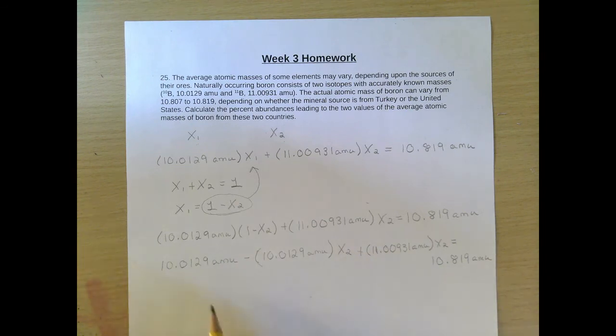So when I simplify this, I'm going to take this one here first, the positive 11.00931 AMU minus the 10.0129 AMU times x2, and that is going to equal 10.819 AMU minus that value right there, 10.0129.